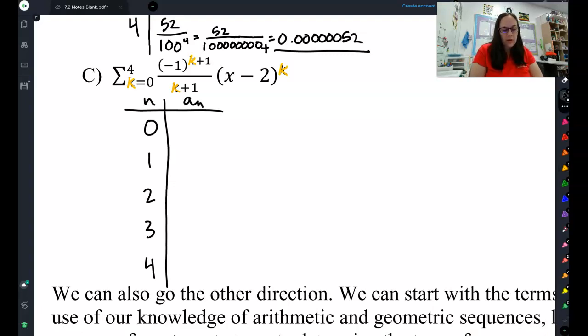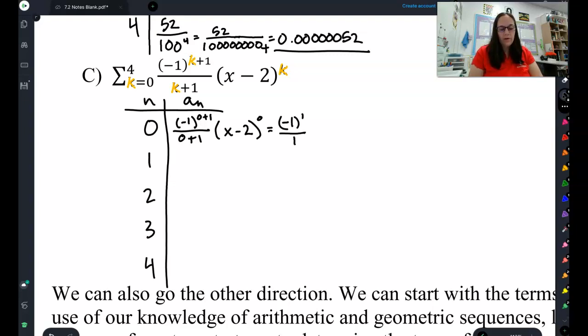I'll do the first one. -1, and then plug in k to the 0 plus 1, over plug in k to the 0 plus 1, times the x stays alone to the 0. Now if I go to simplify this, I would get -1 to the first power over 1, times anything to the 0 power is 1. So this would be -1 times 1 is -1.